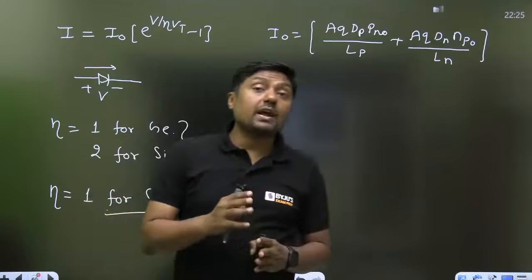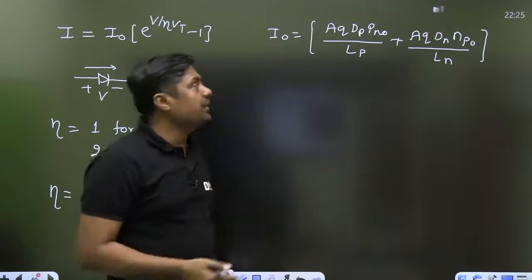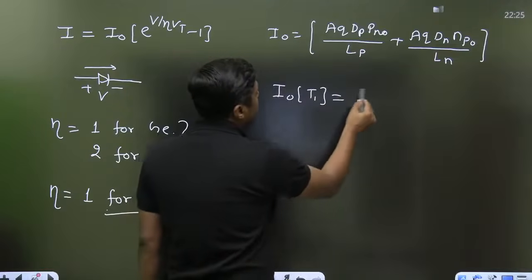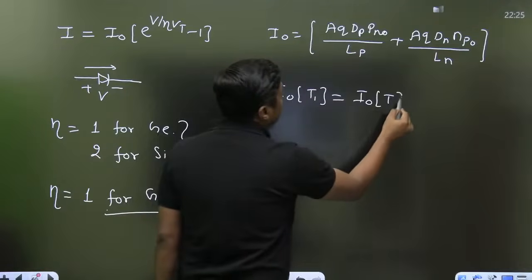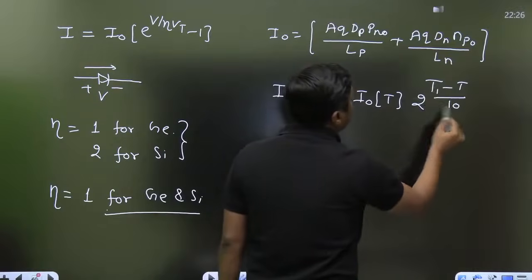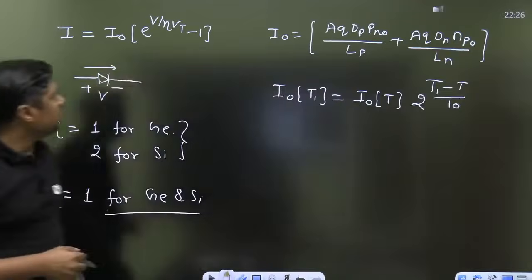It doubles for every 10 degree rise in temperature, and that's why at any temperature it is given by 2 to the power (T1 minus T) by 10. That is the formula for reverse saturation current.